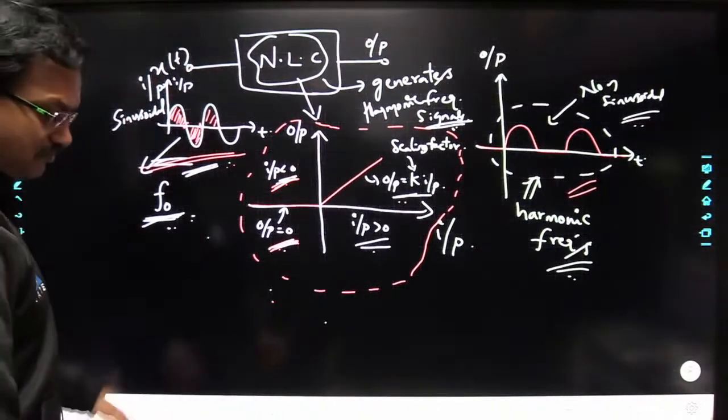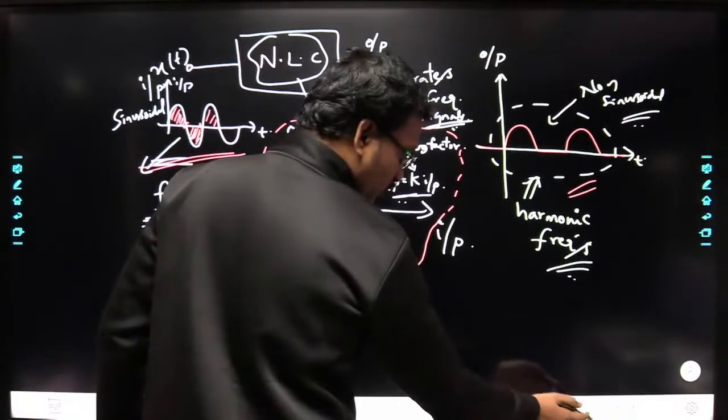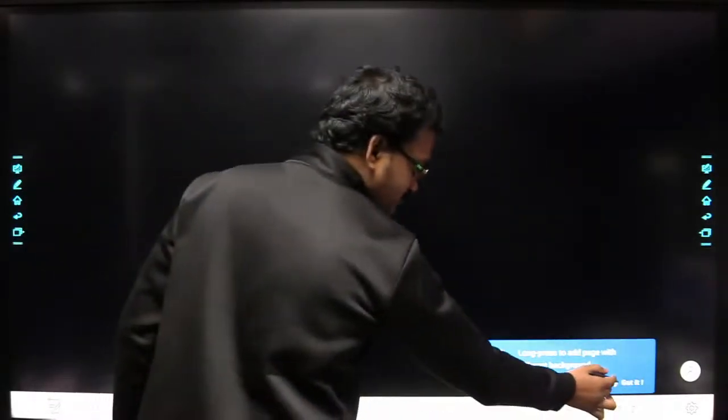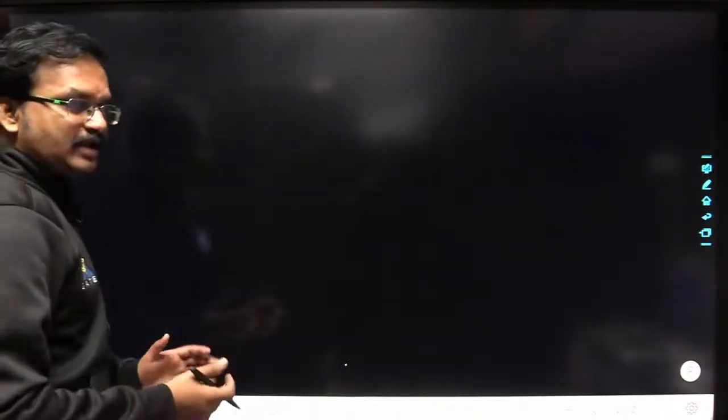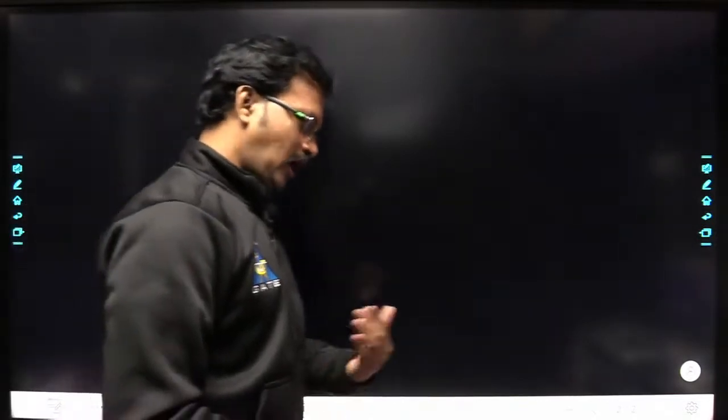Next, we are going to start. Our aim is to analyze the rectifier circuits here. In order to analyze the rectifier circuits, we need some basic concepts.